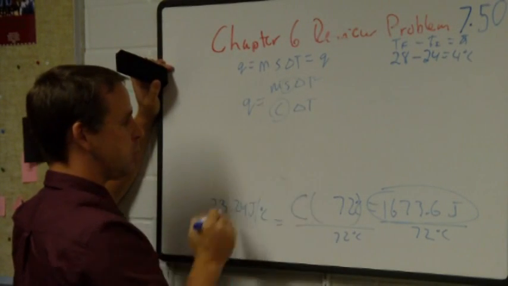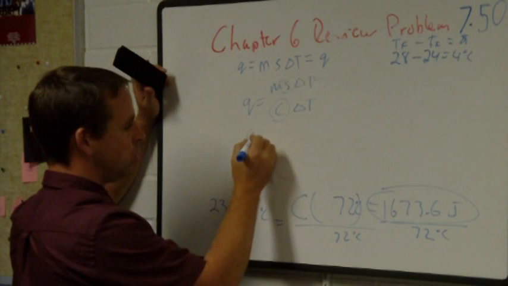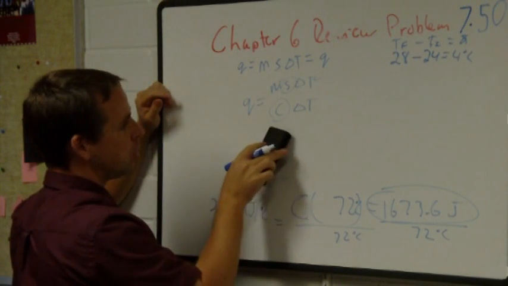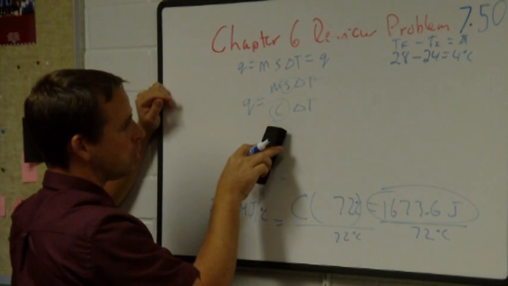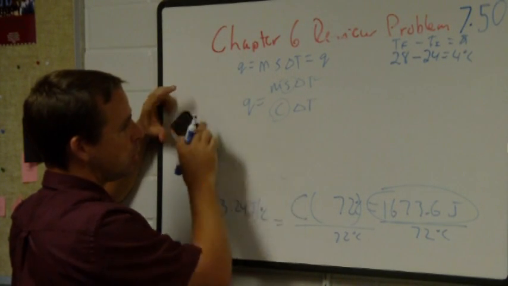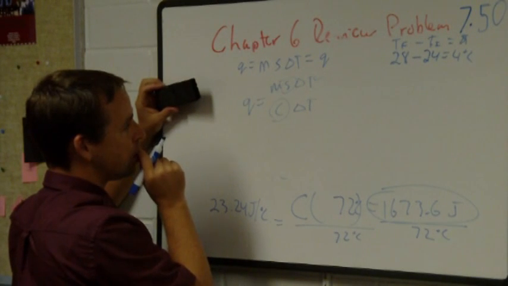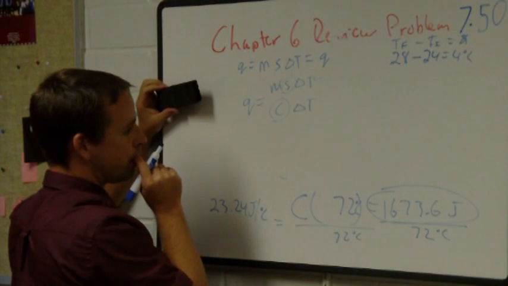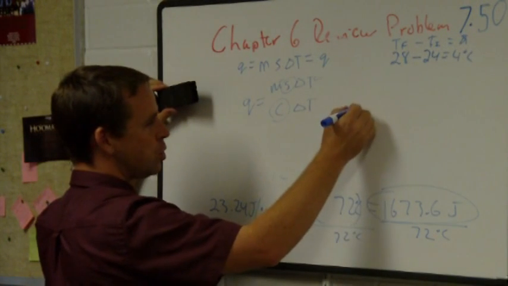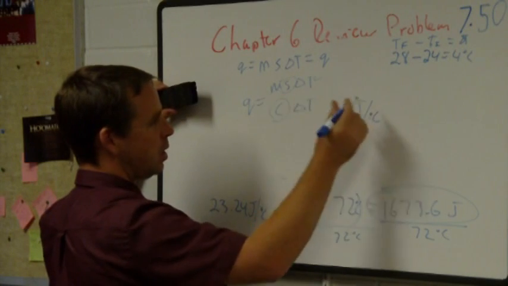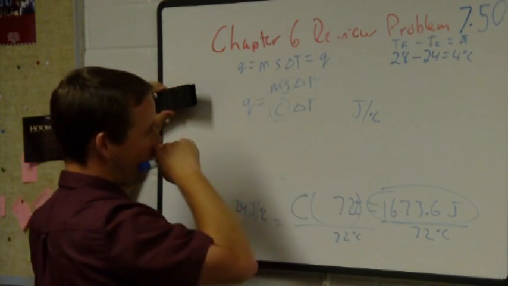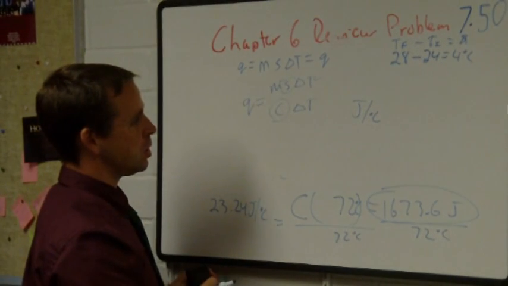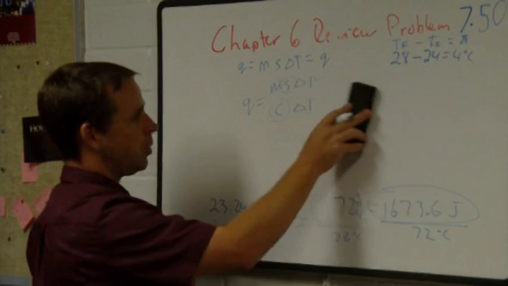We just solve for the specific heat. The units for C are joules per degree Celsius, and the units for ms are mass times joules per gram degree Celsius. So there's a way to tease it out of there.